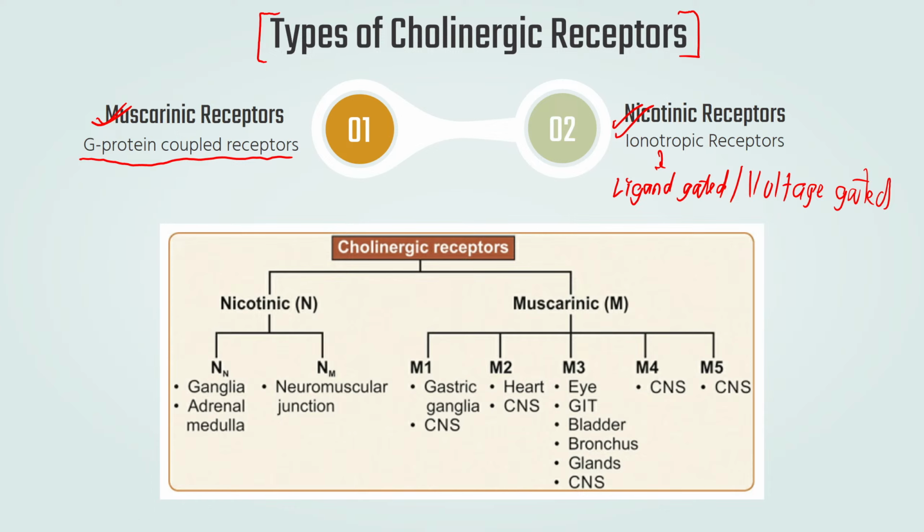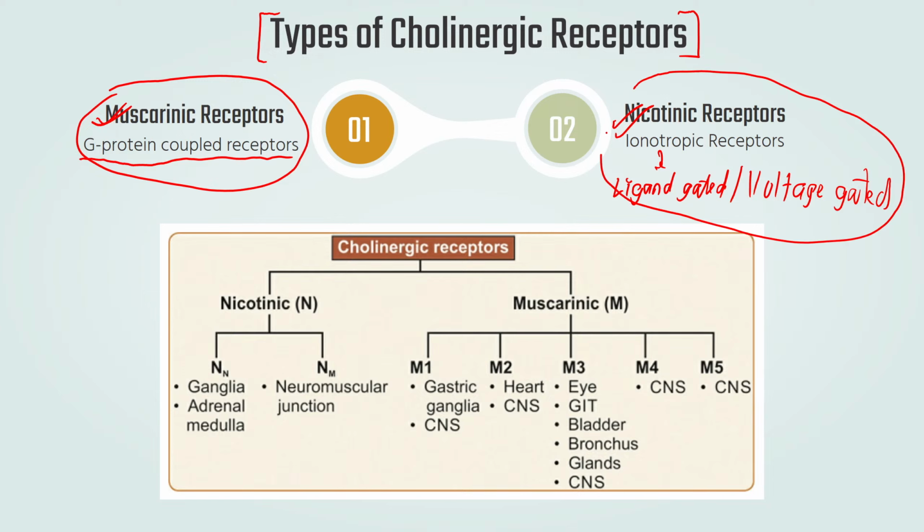For now, just remember the types of receptors. Muscarinic receptors are G protein coupled, and nicotinic receptors are ionotropic. Just remember this. Now for the location of these receptors, this part is very important. First we'll do muscarinic.